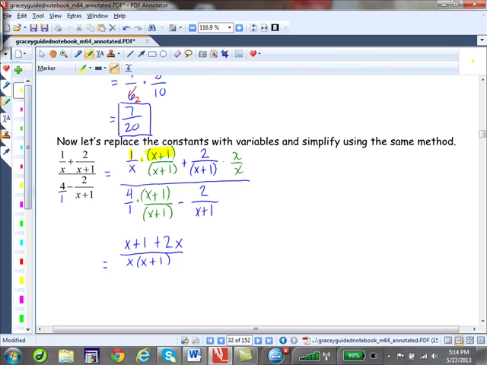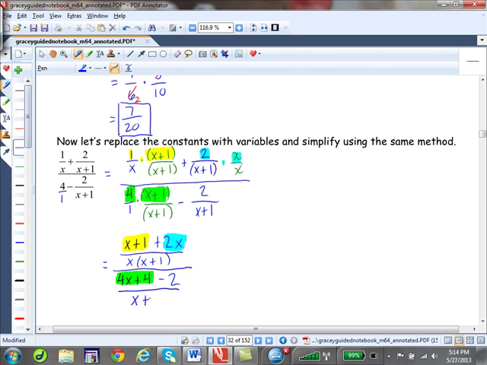So 1 times x plus 1 gave us x plus 1, and then 2 times x gave us 2x. Then that's going to be over 4x plus 4 minus 2. That 4x plus 4 came from multiplying the 4 through the quantity x plus 1, and we got 4x plus 4. And that's all going to be over x plus 1.